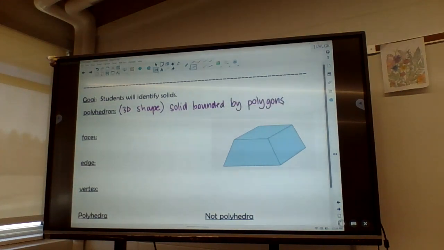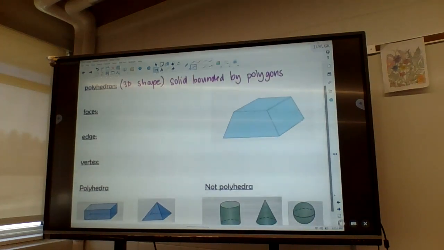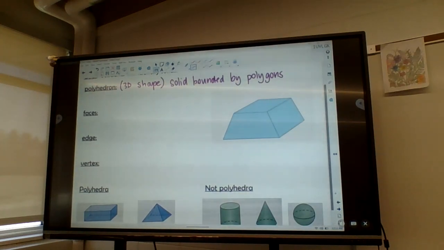So that means each of the sides of the shape is a polygon. If you notice on the bottom down here, I have examples of polyhedra, a single one is a polyhedron, versus not polyhedra.